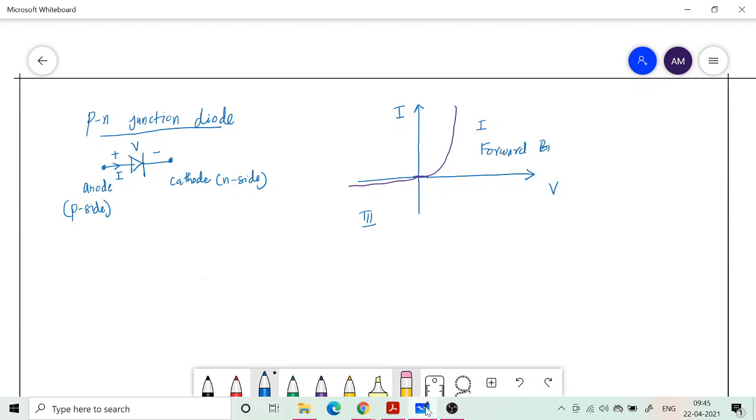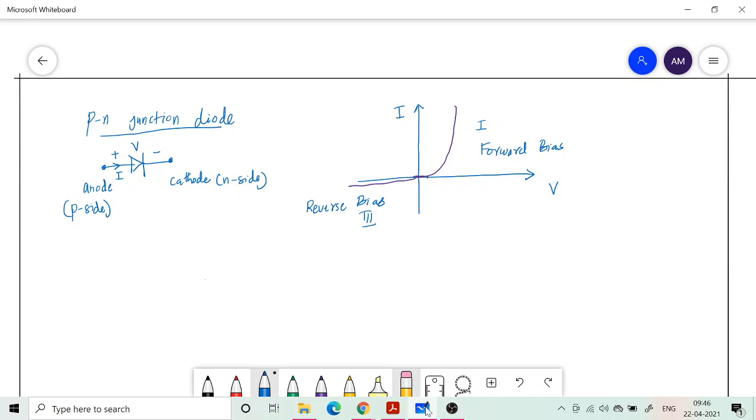Forward bias, because we are applying a positive voltage and the current is also positive. So that is forward bias operation. And the third quadrant is basically giving us reverse bias condition. Okay, so the diode can be either forward bias or reverse bias, that means you can apply a positive voltage or a negative voltage, and characteristics are very different.